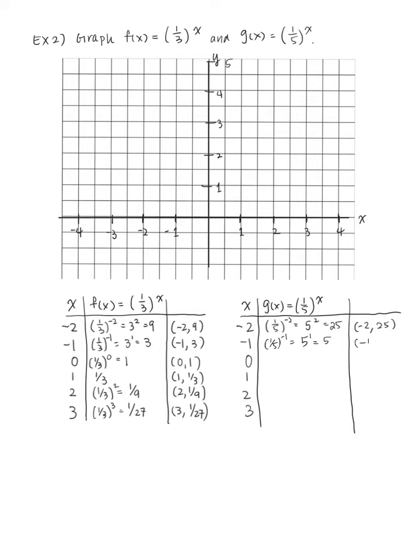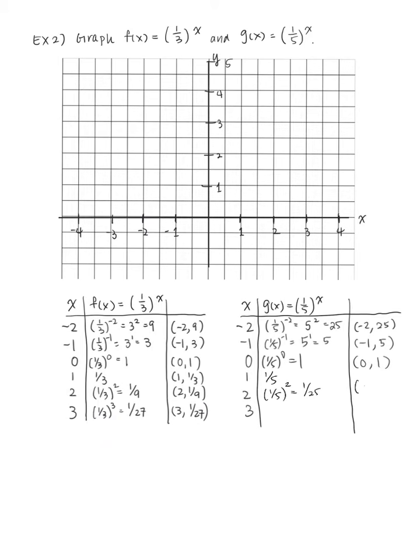So here you're going to have -1, 5. Now when x is 0, you're going to have 1/5 to the 0th power, so we're going to have 1. Again, notice that an exponential function is going to go through 0, 1. And then when x is 1, you're just going to have 1/5. And then when x is 2, you're going to have 1/5 squared, which will be 1/25.